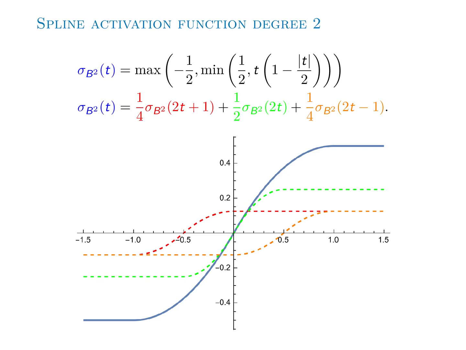Another example is the spline activation function of degree 2. In the paper that we refer to, which is in the description, the spline activation function of degree n is also defined. Again, what we see is that it is piecewise defined using polynomials, in this case second degree polynomials, and again it fulfills the refinability property, where the blue line is the sum of the red, green and orange lines.